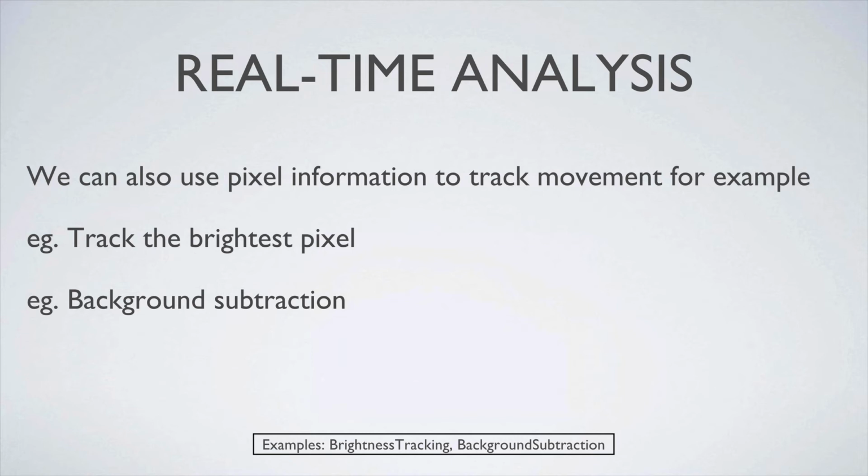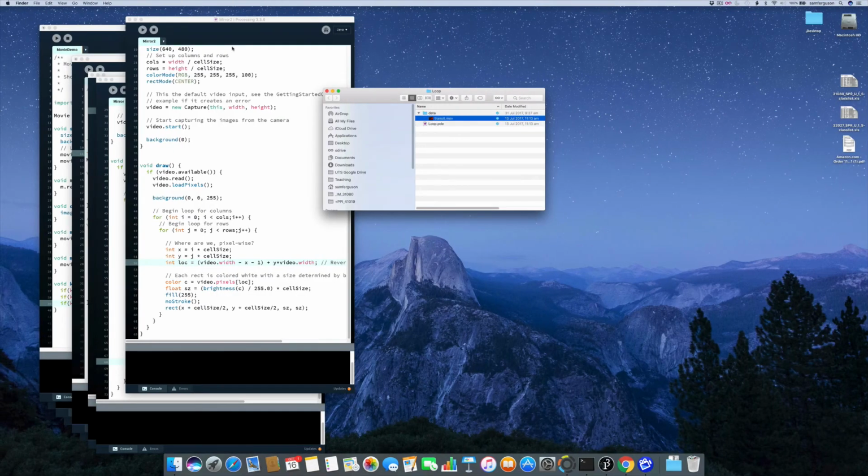So using real-time analysis, we can have a look at the image and try and track movement through the screen. We could do things like tracking the brightest pixel or doing background subtraction. So let's have a look at background subtraction.